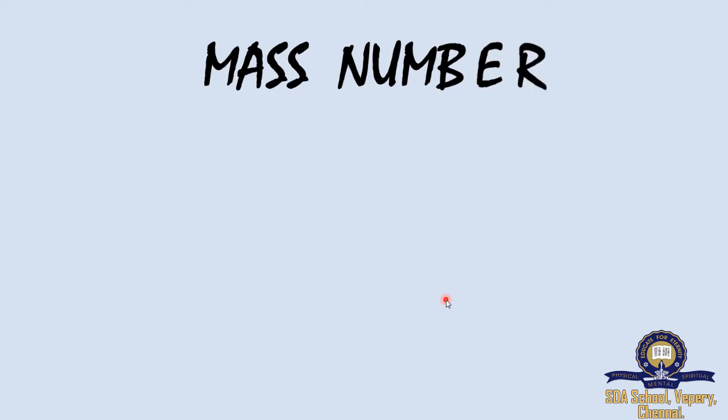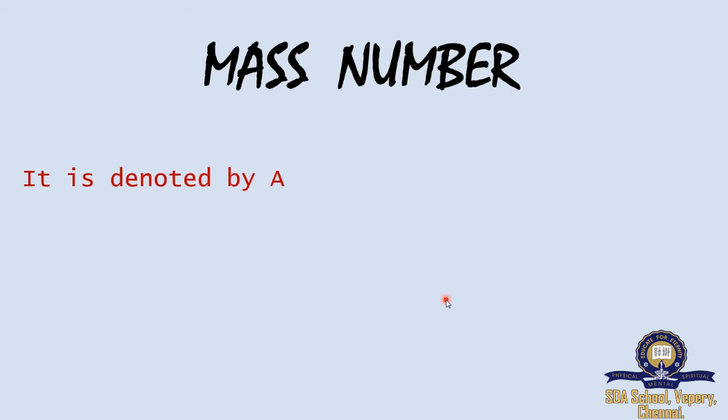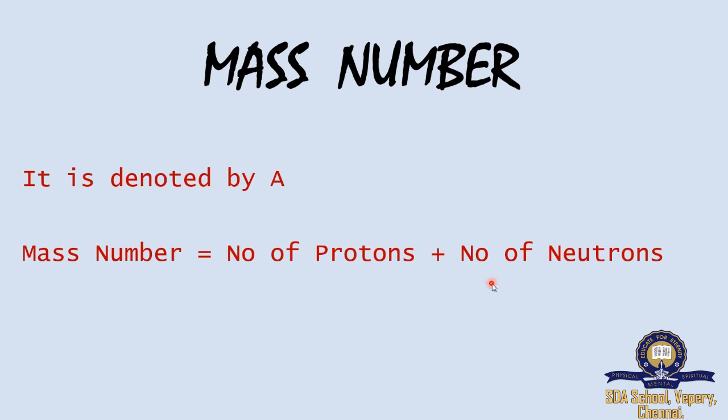This number is called the mass number, and it can be denoted as the letter A. Mass number is nothing but the number of protons plus the number of neutrons. For any element, the atomic number is shown as subscript and the mass number is shown as superscript.